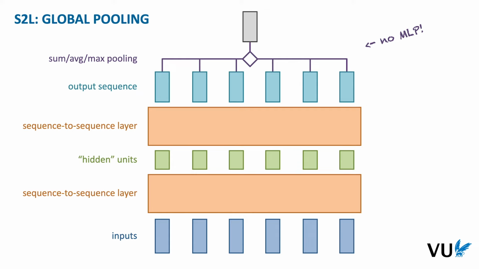So either we sum up all the elements in the output sequence, we average them, or we take their maximum element, and that gives us one vector on which we can continue to operate, or which we can take as our class probabilities or our regression answer. Note that this final pooling layer needs to be able to do the same thing on input sequences of variable dimensions, so we cannot just use an MLP there. We have to use something like a summing operation, which can be applied to sequences of different lengths.